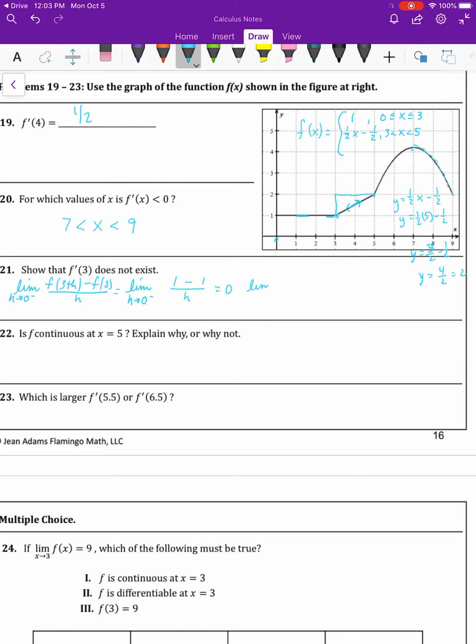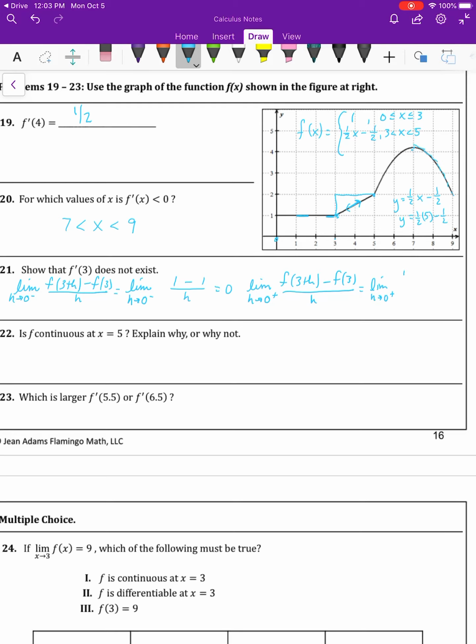And then we're going to look at the limit as h goes to 0 from the right of f of 3 plus h minus f of 3 divided by h. I'm going to erase that. And so this one, limit as h goes to 0 from the right, so if h is like 0.01, I'm going to be to the right, right? So I'm going to be at 1/2 x minus 1/2.